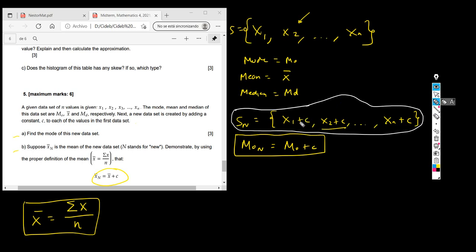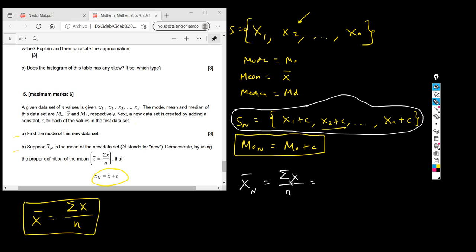If you want to calculate the mean of this data set, what you do is this. You write the mean of this new data set will be equal to the sum of all its values, this plus this plus this plus this plus this, over the number of values, which is n.